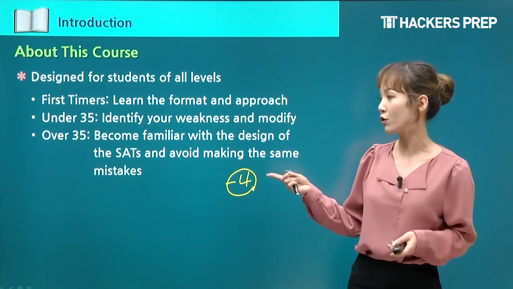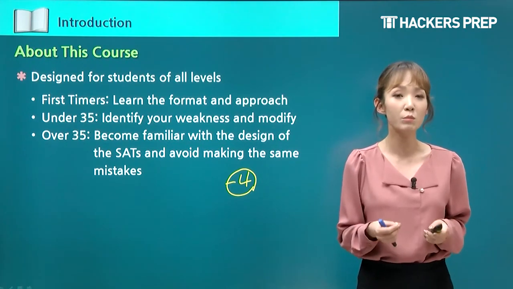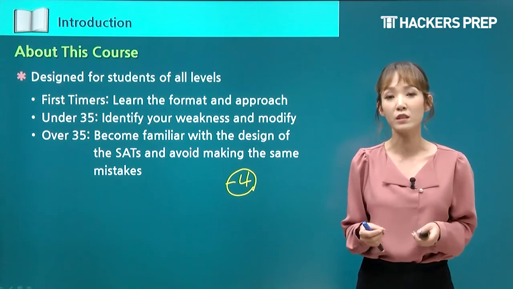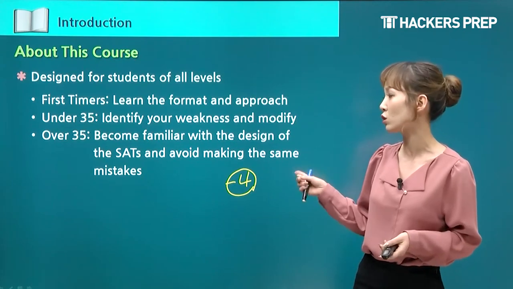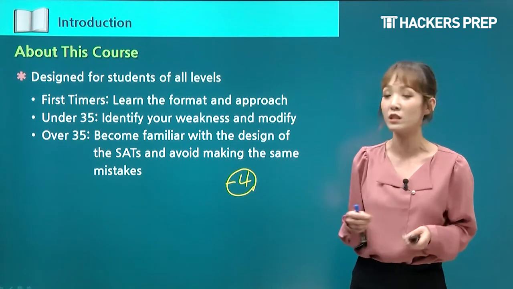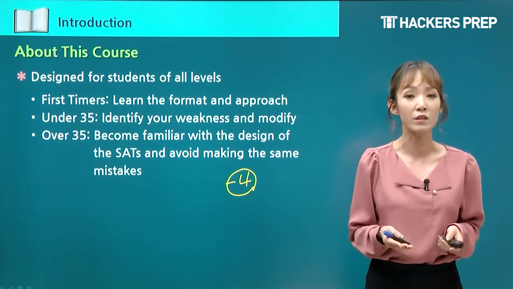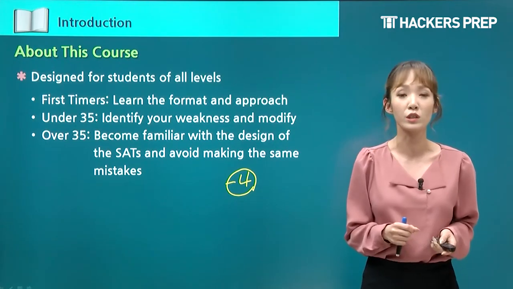If you get over 35, that means you are still making mistakes, and most of the mistakes will be similar. So you are making a habit of making the same mistakes. So what are we going to do? We are going to help you familiarize yourself with the design of the SATs and then find your mistakes and correct them so that you can up your scores.